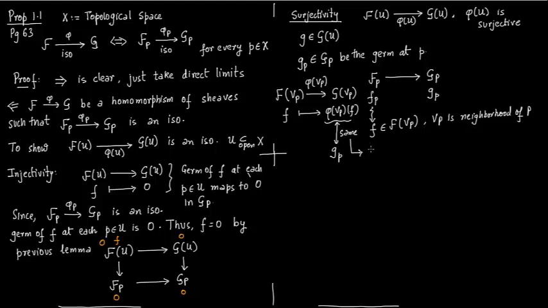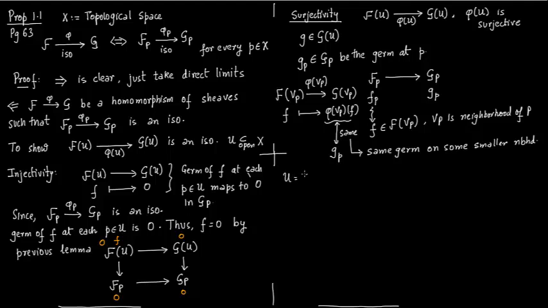Same in the sense that they have the same germ on some smaller neighborhood. You can replace V_p by a smaller neighborhood. Now the purpose of putting in these V_p is to cover the neighborhood U by these small sets V_p. That is the standard trick we have been using.